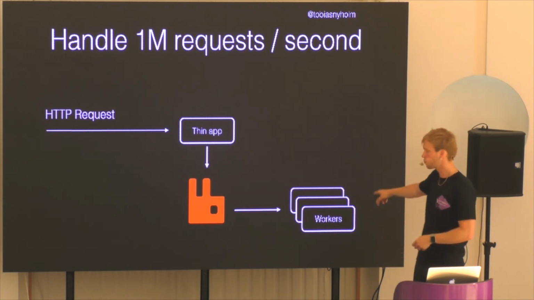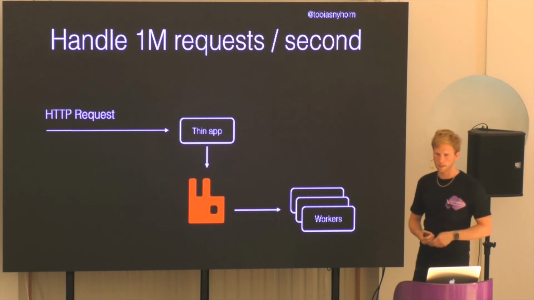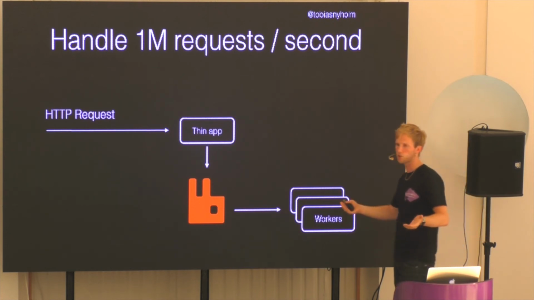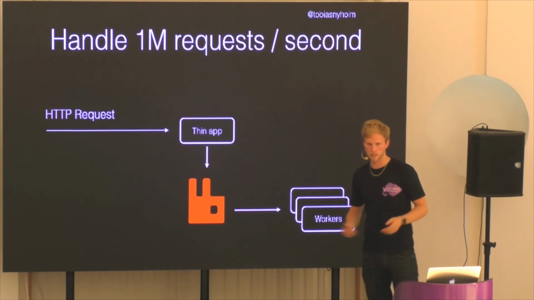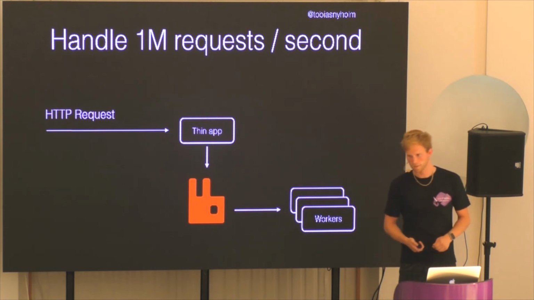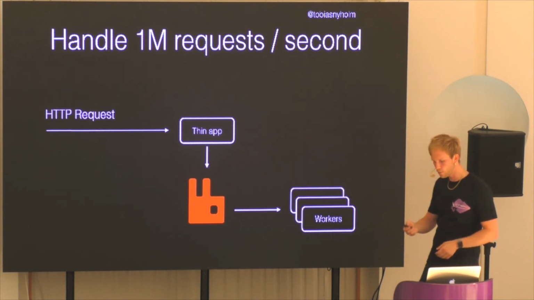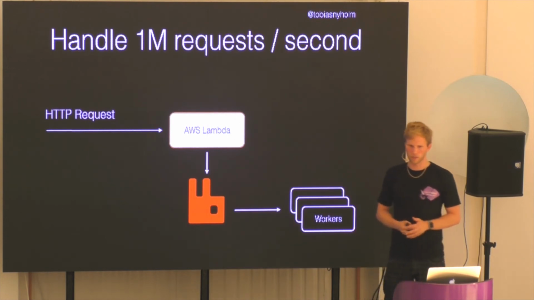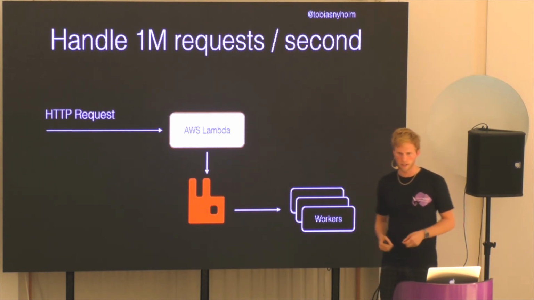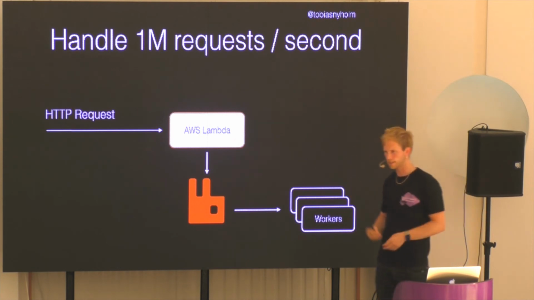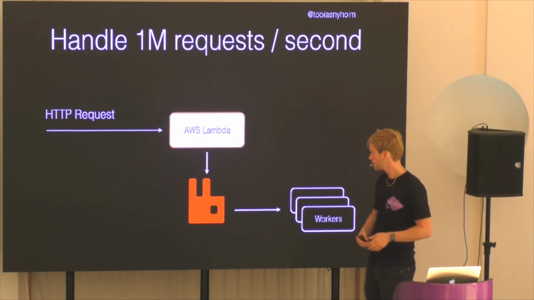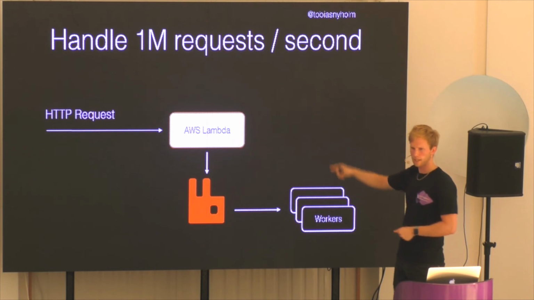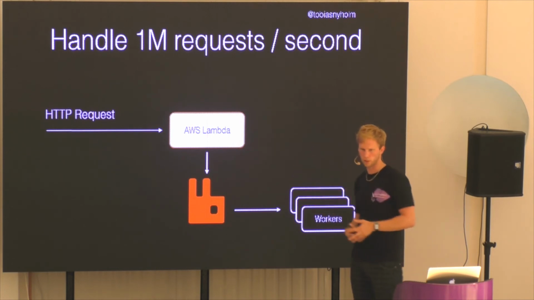And then you have plenty of workers working with this at a later time. This application can easily handle 1 million requests a second. Easily. And if you want to be even more hipster or even more cool, you could use an AWS Lambda expression, which is basically just a function in the cloud, which scales up and down automatically. It basically creates itself on request. And this is a perfectly fine application for handling massive workloads.